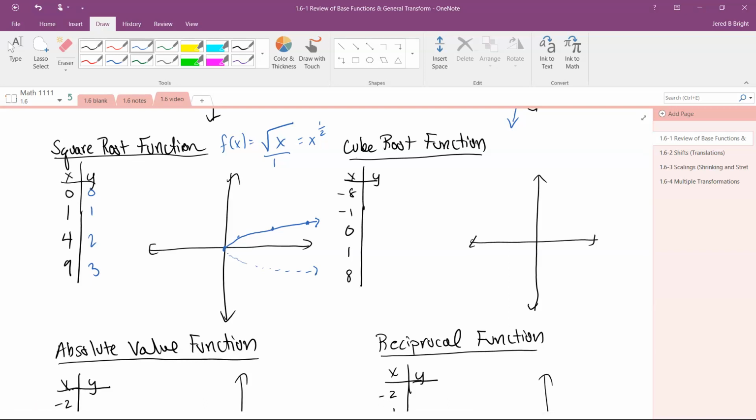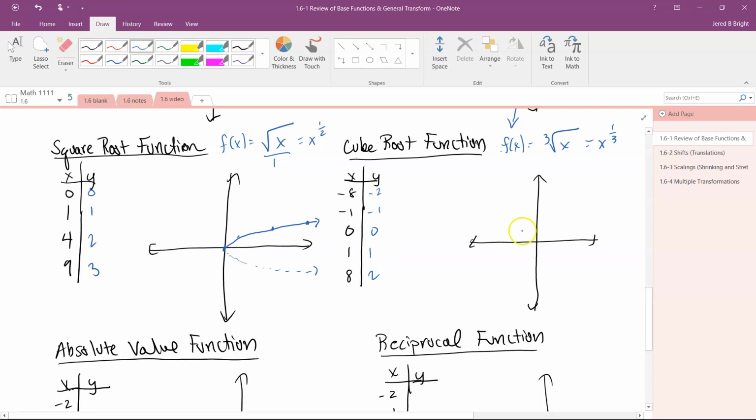Cube root. Okay, f of x. It says it's a cube root, and then x. And again, remember, you could represent this as x to the 1/3 power. Here I picked some nice values. Again, these are the ones that I'd recommend remembering: -2, -1, 0, 1, and 2.